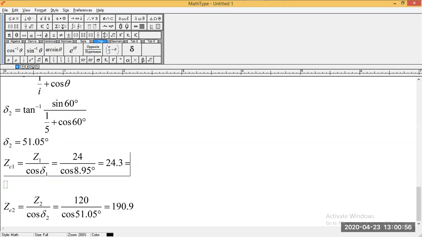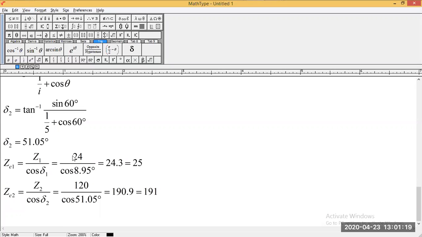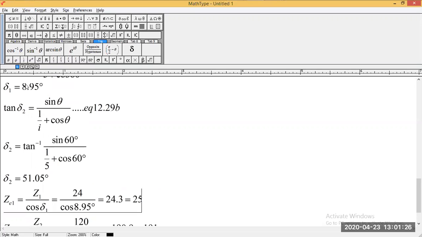So I'll make it 25 and this let me make it as 191. Right. So this completes step 1 of this numerical. Step 1 is quite lengthy when you convert between helical and spur gears. But you can see most angles are found.